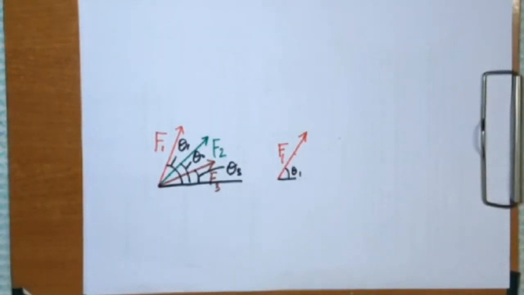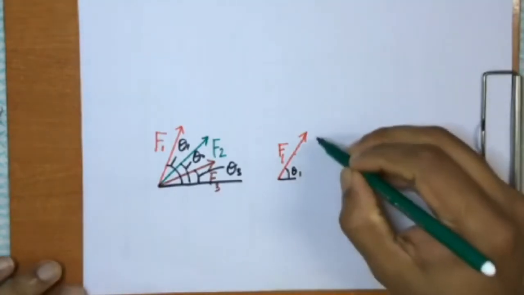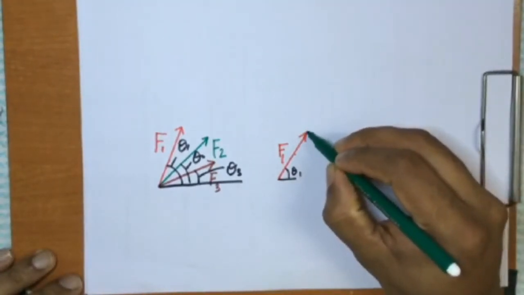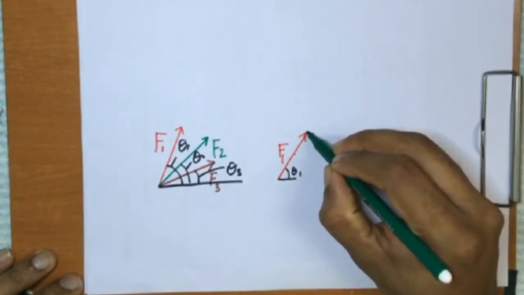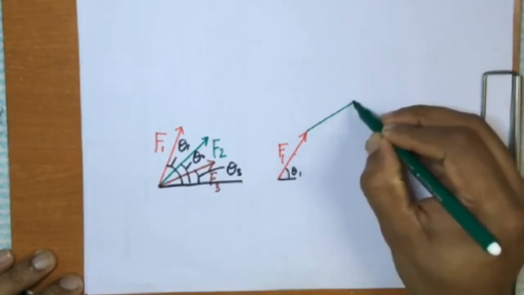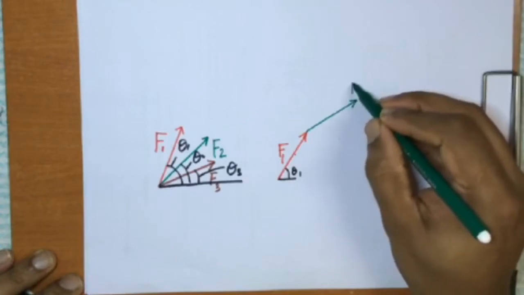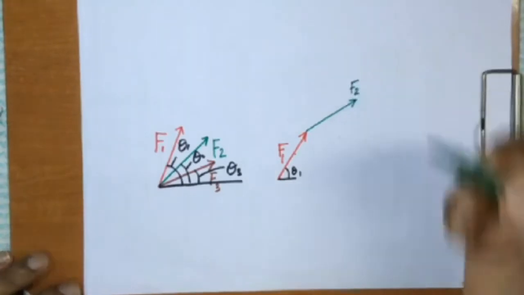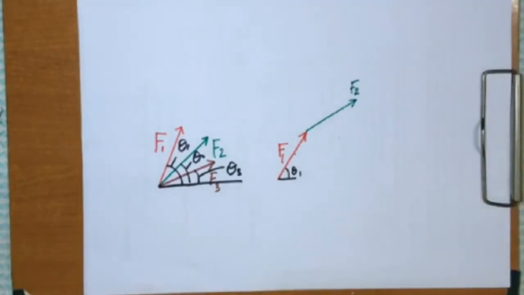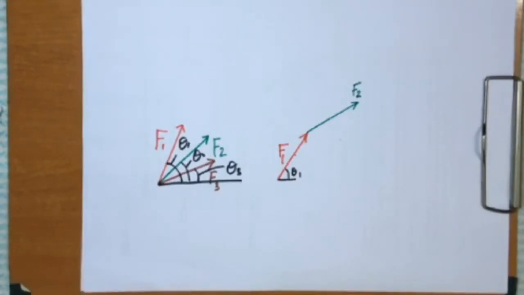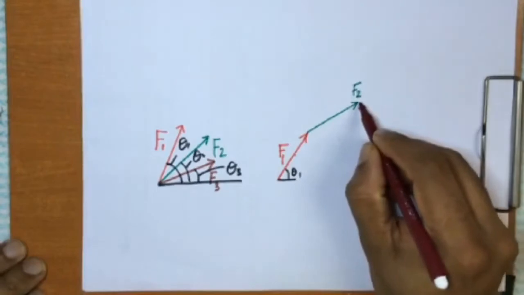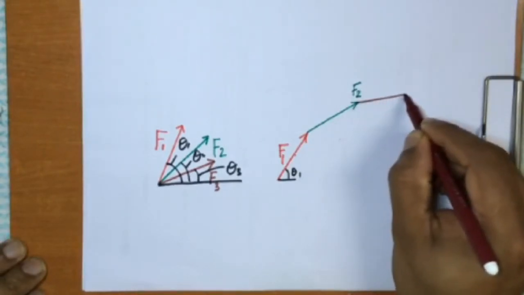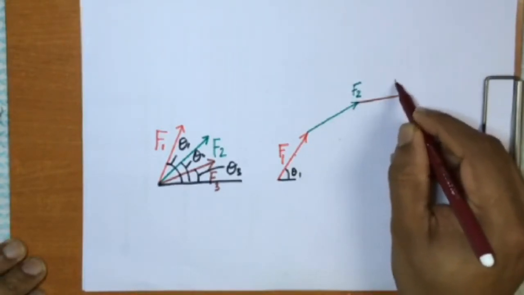Then I have the force F2 that I will place at the head of F1 like this, and I have the third force F3 like this.